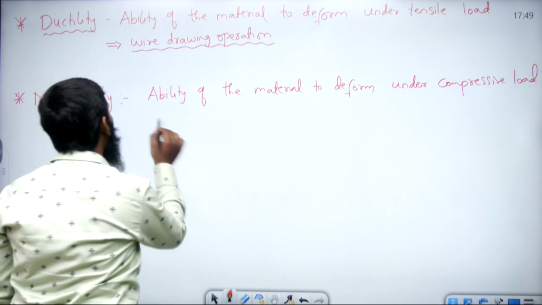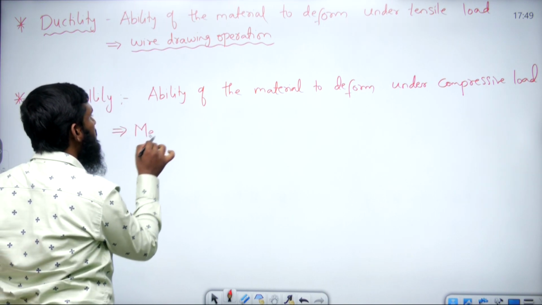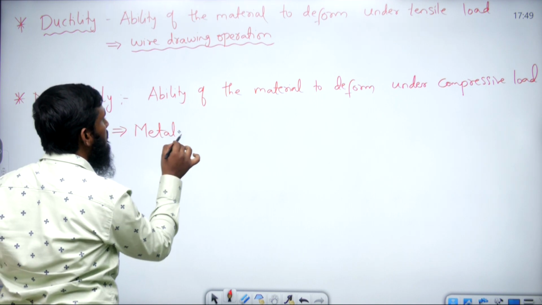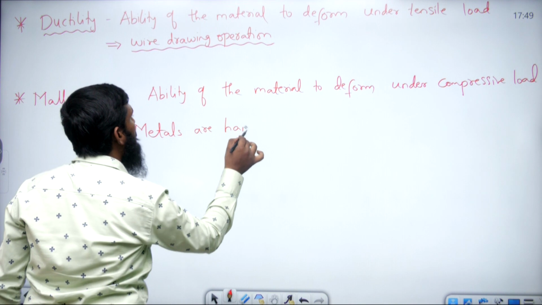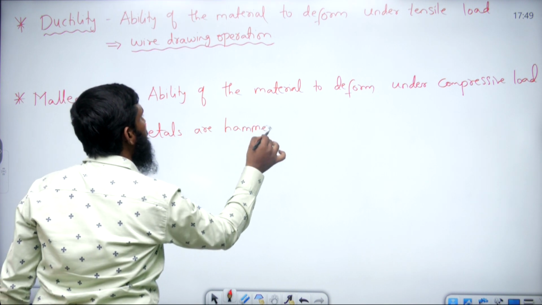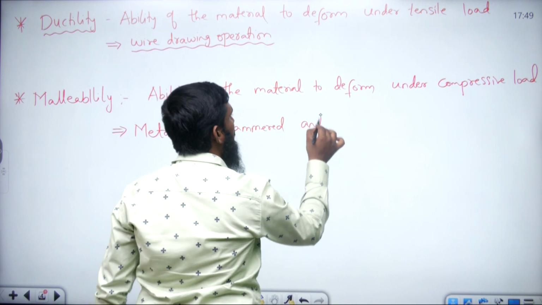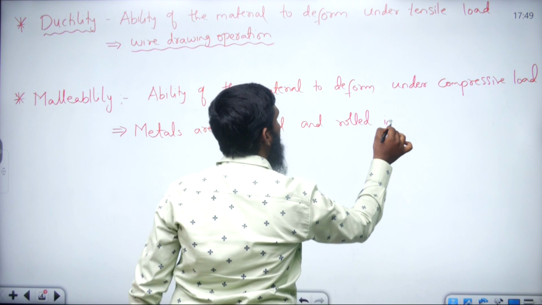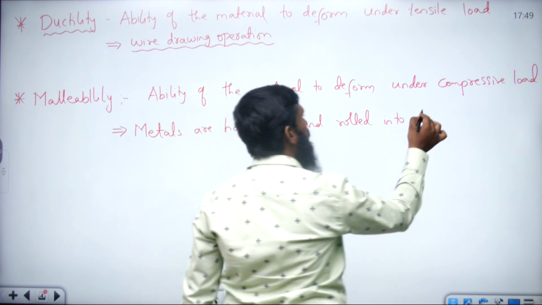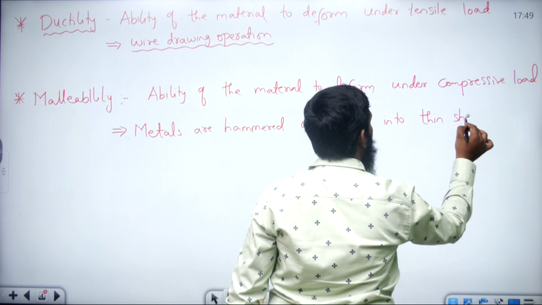Now over here we are writing: metals are hammered and rolled into thin sheets.